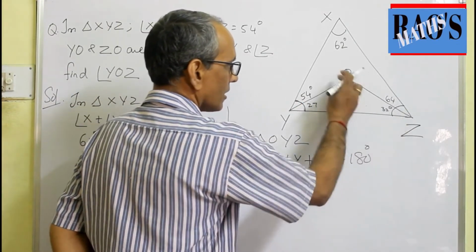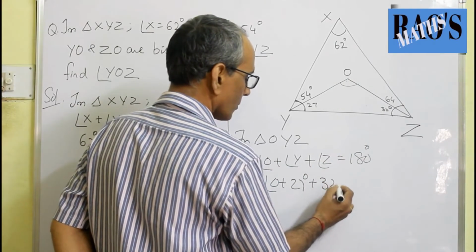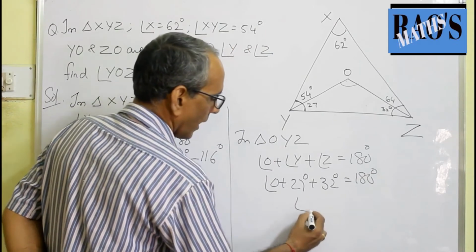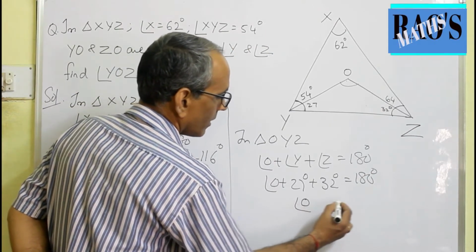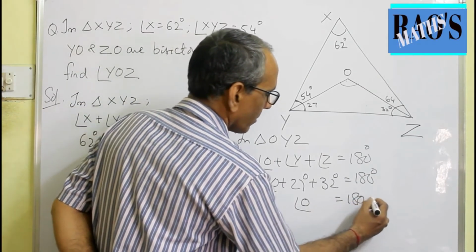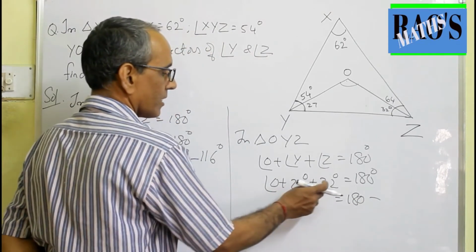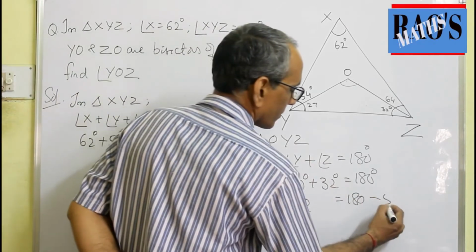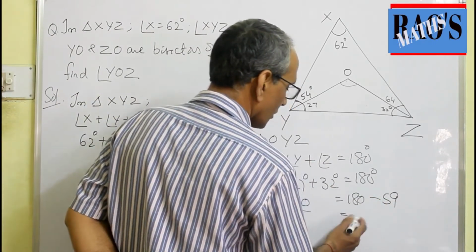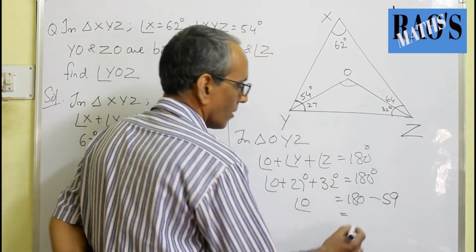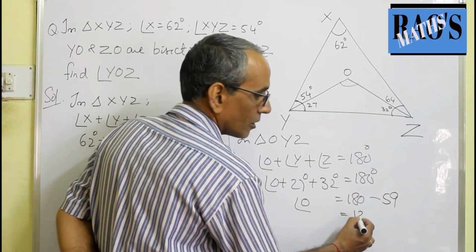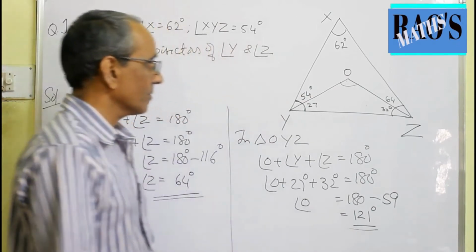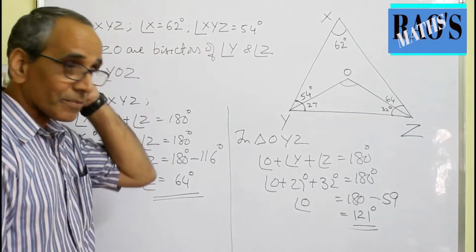Angle Z in this triangle is 32. So angle O is equal to 180 minus the sum of 27 plus 32, that is 59. That is 180 minus 59, 121 degrees.